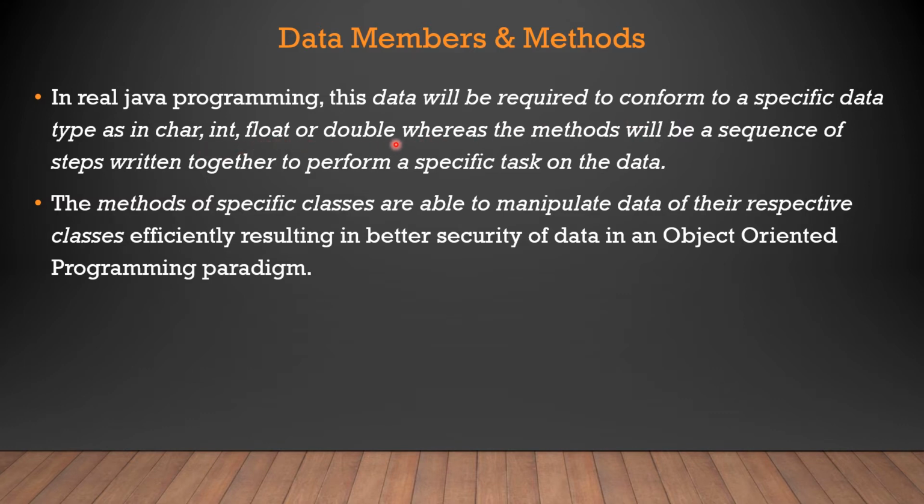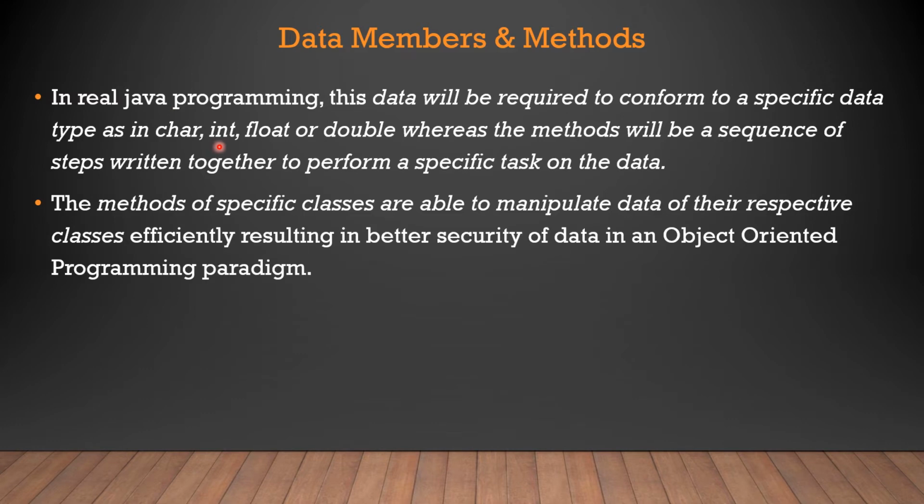For example, in the previous example, if we are talking about phone numbers, then the phone number will be of type int. In this way, data will be required to conform to a specific data type. Whichever data we are taking, whether it be a name, number, place, or anything, it will have a data type. If we are talking about a name, then it will have the character data type.